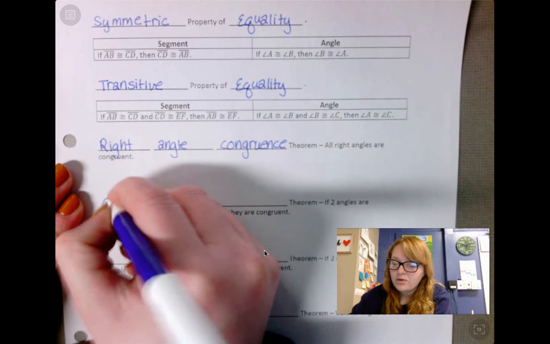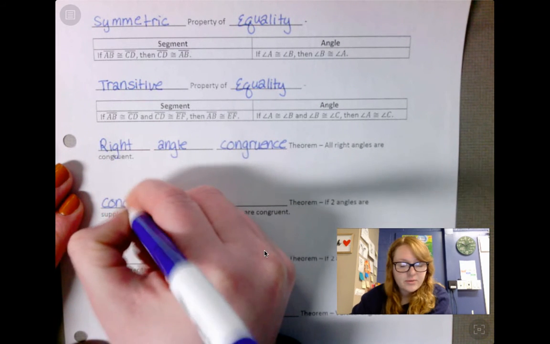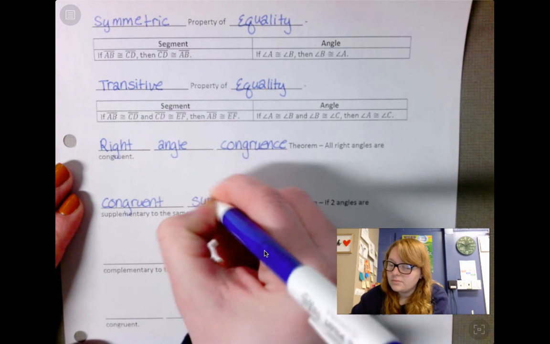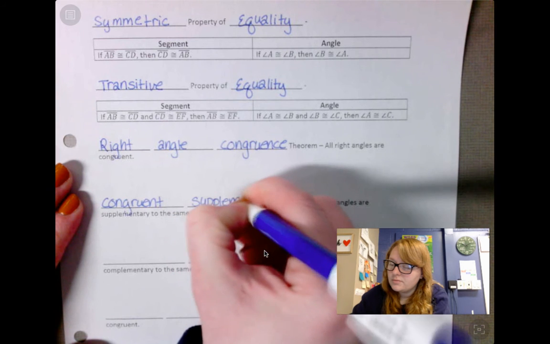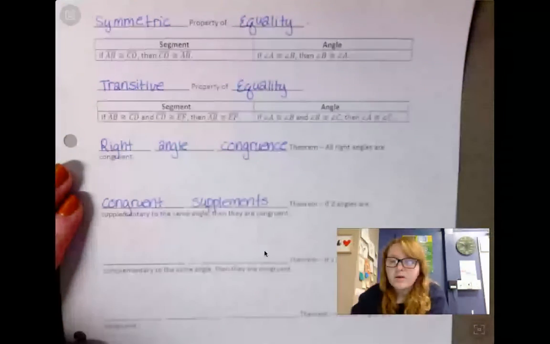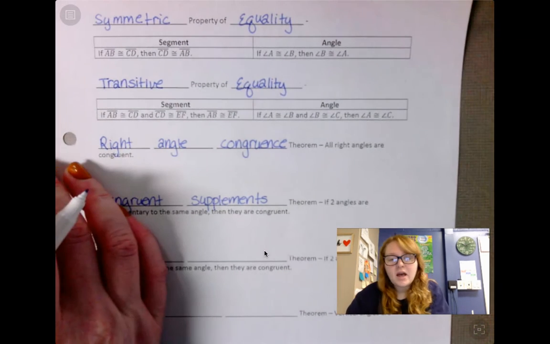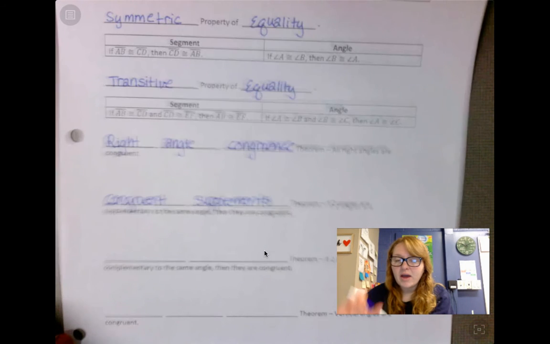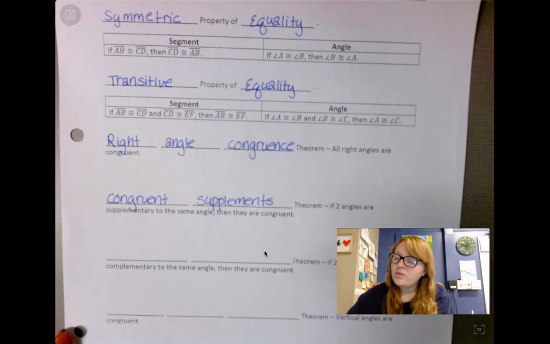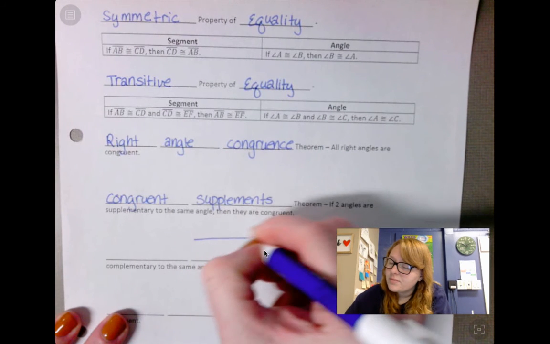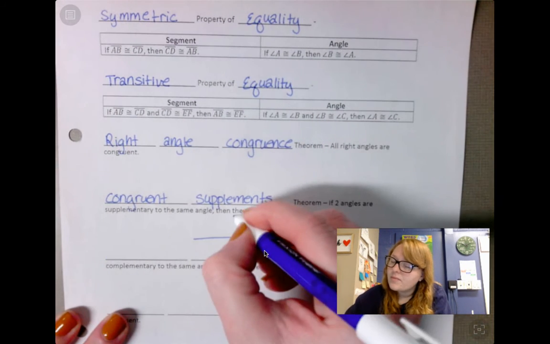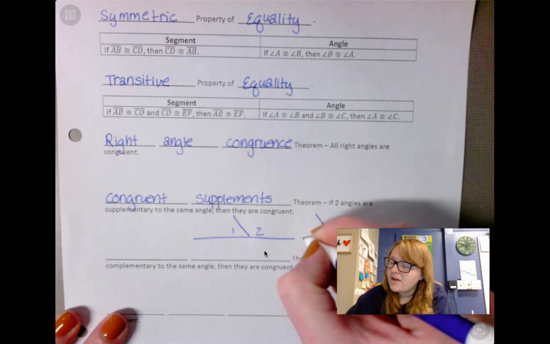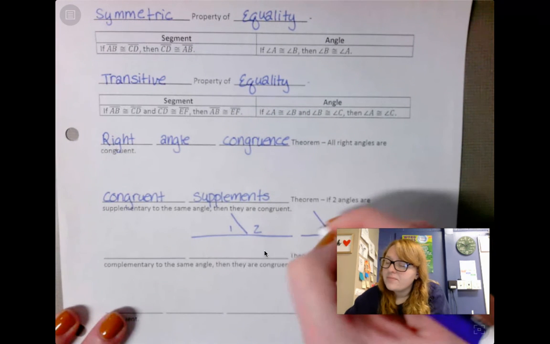This is the congruent supplements theorem. Okay, and to be a supplement of something else means that when you add them together, they add up to 180. So if you have an angle 1 and an angle 2 and then an angle 3, okay?